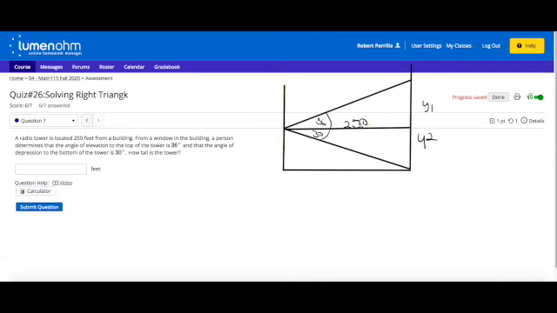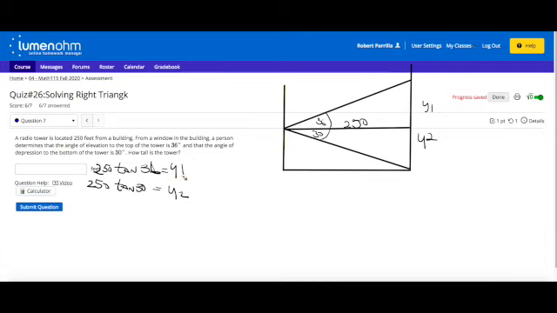Tangent of 36 is y1 over 250, so I'm just going to move the 250 here because we're going to need it there anyway. And y2 will be equal to, if I use the same structure, 250 tangent of 30.